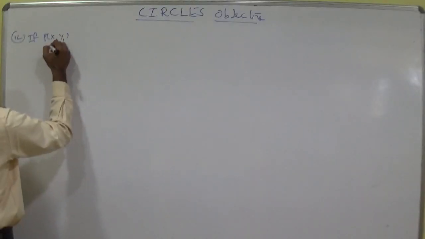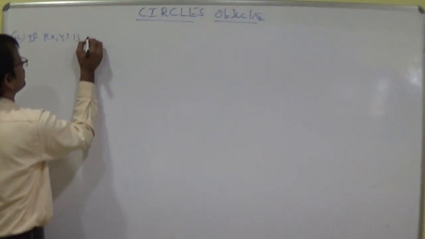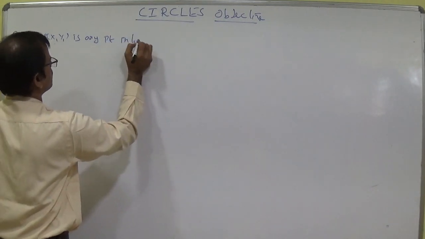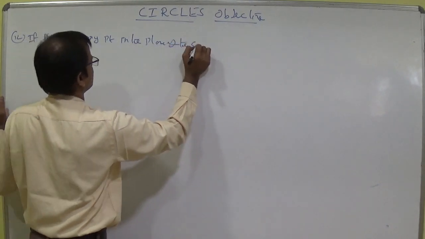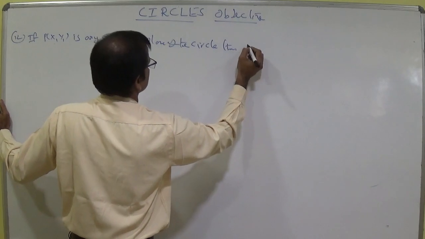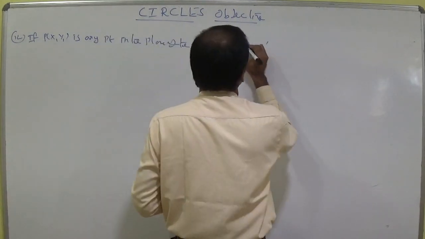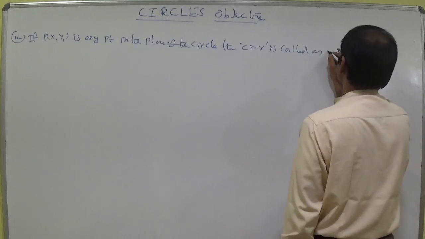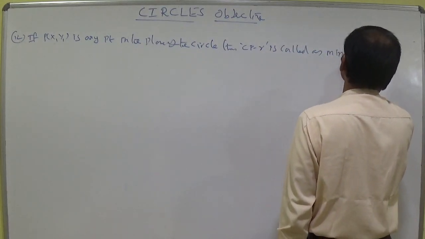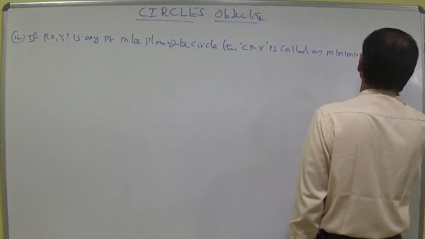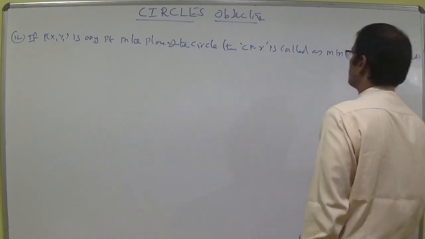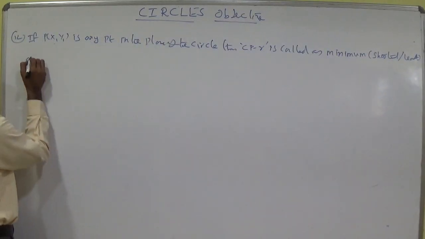Twelfth formula, if P(x1, y1) is any point in the plane of the circle, then CP minus R is called as minimum distance or shortest distance, or least distance.